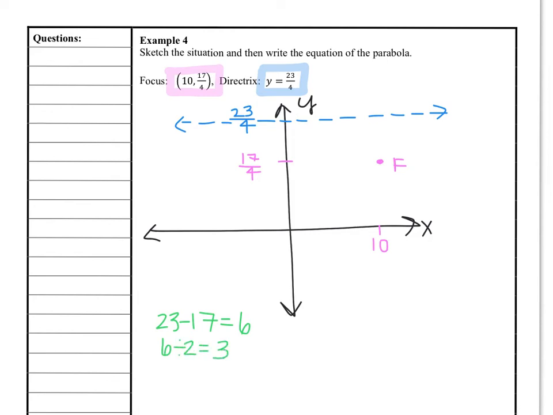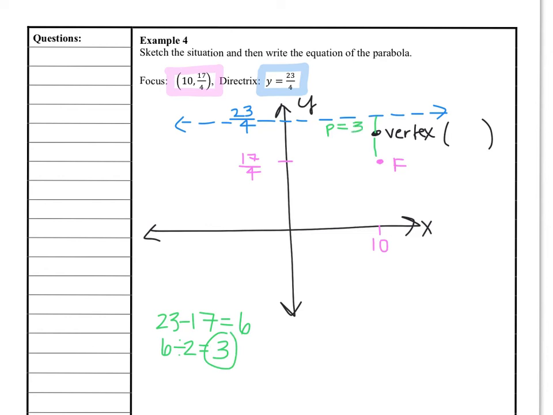So that means that when I draw in my vertex here, so I'll do that in another color. So when I draw in the vertex, which we know is going to be somewhere in there, so that's our vertex. The distance between here and here, our P has to be equal to 3, what we found down here.